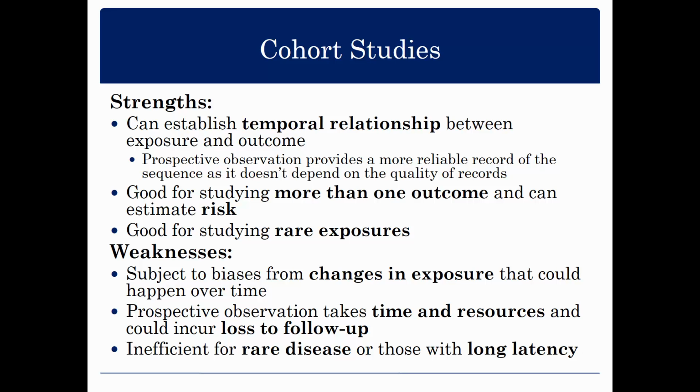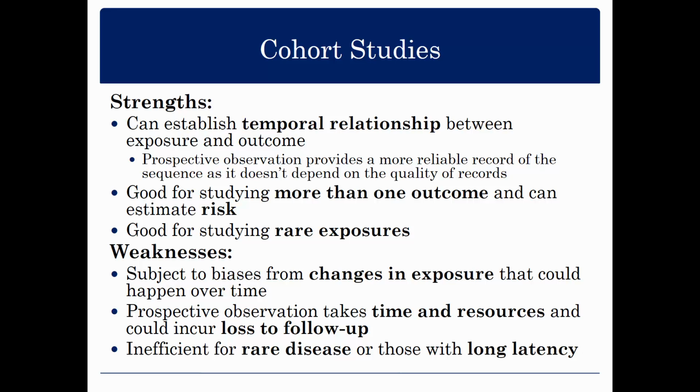Anytime you have prospective observation, you have issues with that. Anytime you have retrospective observation, you have to rely on the quality of historical recall. And another additional issue with cohort studies is that individual exposure can change over time.